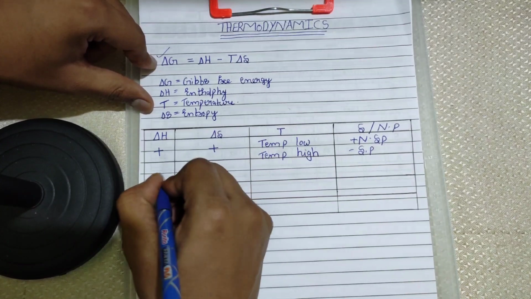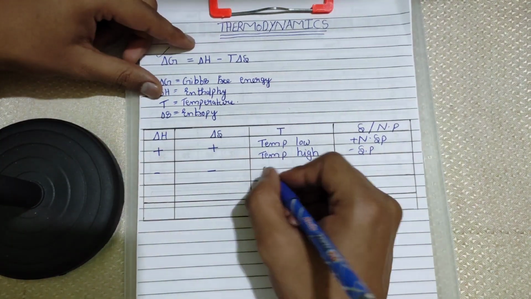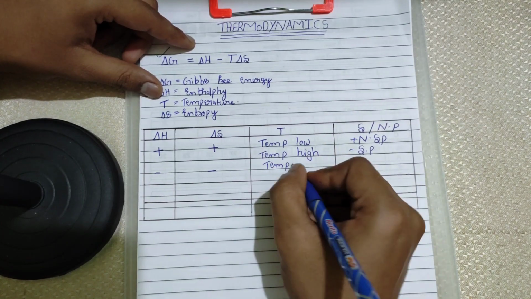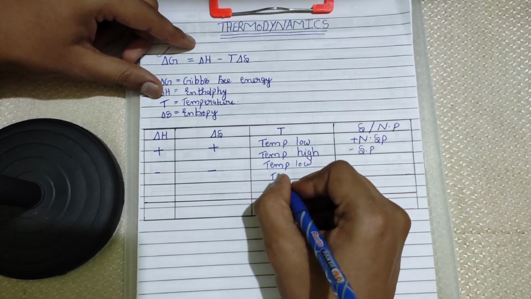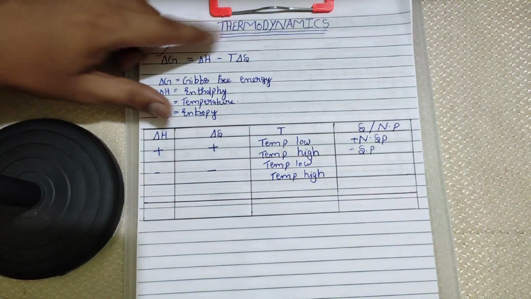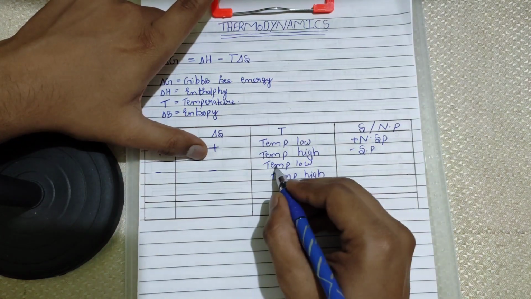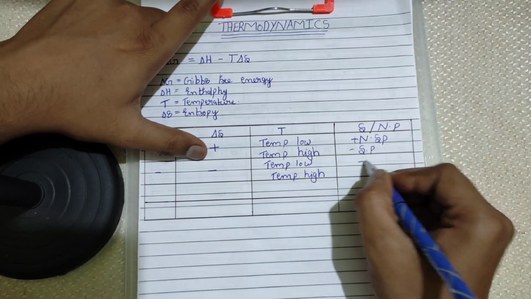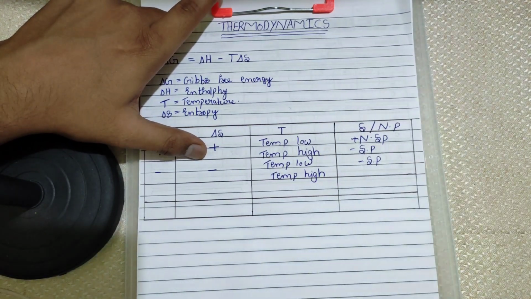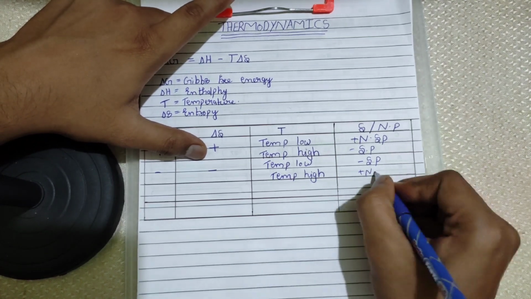Now in the second case, I'll take both delta H and delta S as negative, with the same temperature cases: first low, then high. Both the quantities are negative. If temperature is low, then the reaction will become spontaneous. But when the temperature is high, it becomes non-spontaneous.